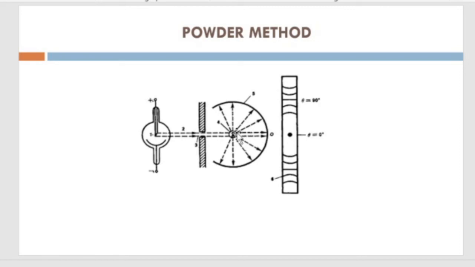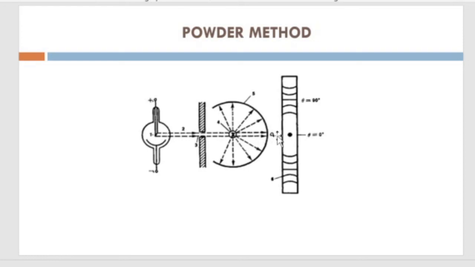Whenever the crystals in this capillary tube satisfy Bragg's diffraction condition, the atoms diffract the X-rays and scatter them in all possible directions. There is a small hole through which the undeviated X-rays pass, and we get a diffraction pattern.